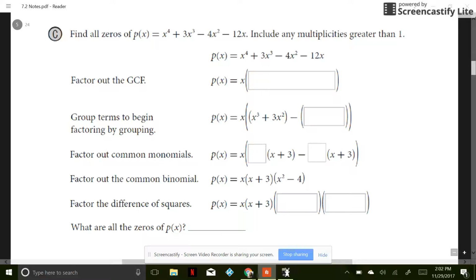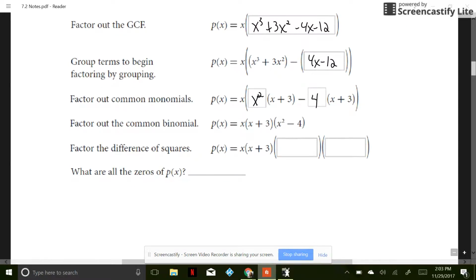We want to find all of the zeros of this function. We can factor out the greatest common factor of x, which leaves us with x cubed + 3x squared - 4x - 12. We want to do factor by grouping. We pull out our terms, an x squared here and a 4 here, and regroup.